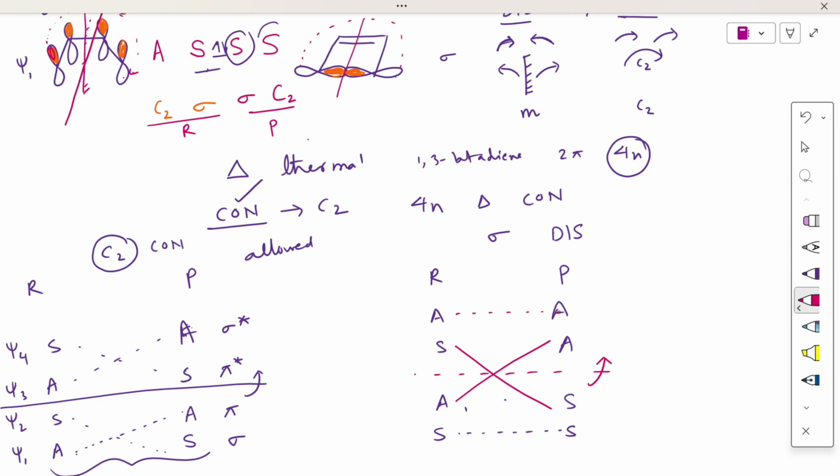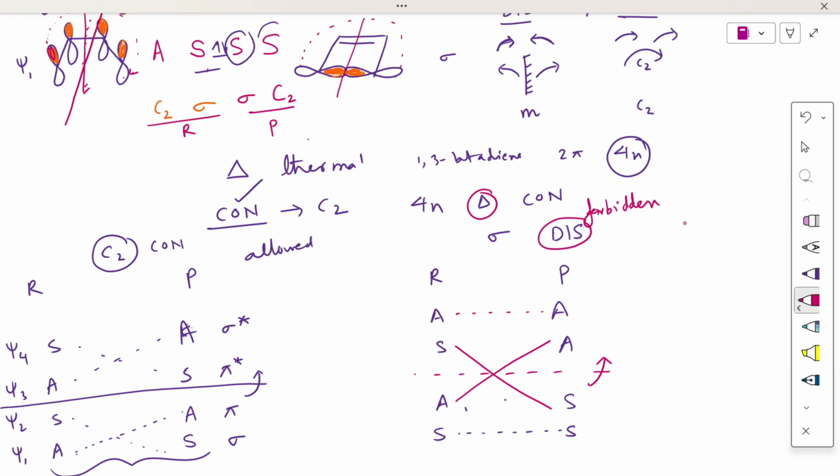In order to match the symmetry properties, there is a crossover of the HOMO-LUMO energy gap. Or in other words, I'll be taking the first excited state. So under thermal condition, this rotation is forbidden because there's a crossover.